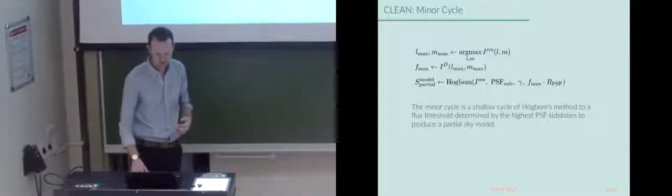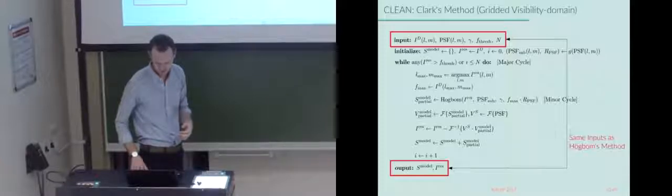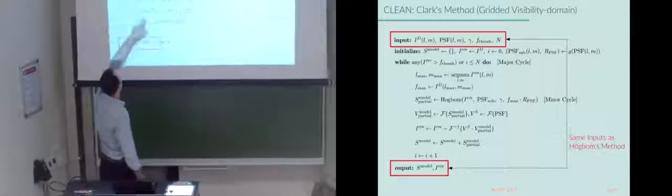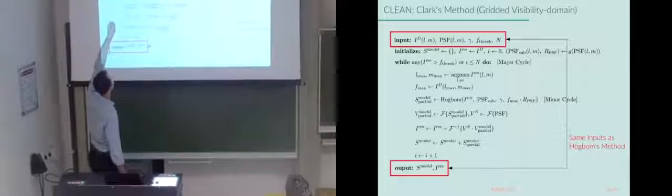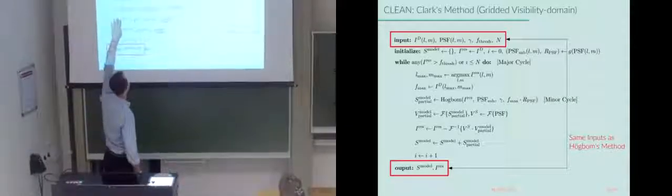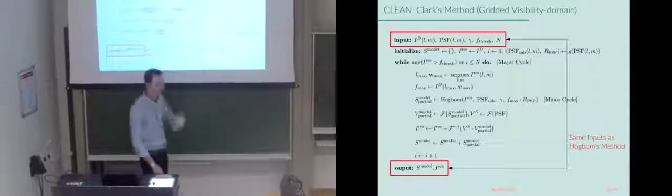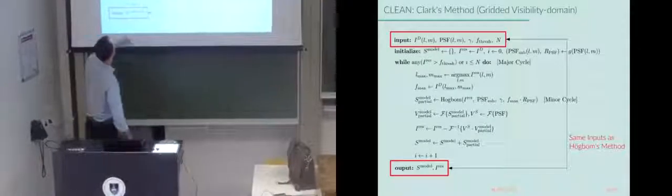So this minor cycle is right here. Again, while we haven't reached some threshold, we find the brightest source, the flux. These three lines up here, before this minor cycle, are exactly the same as Högbom.